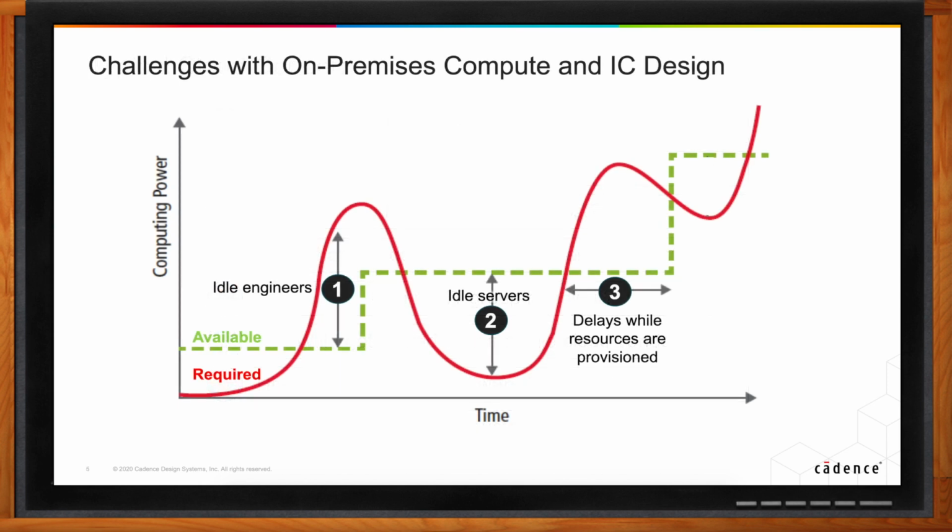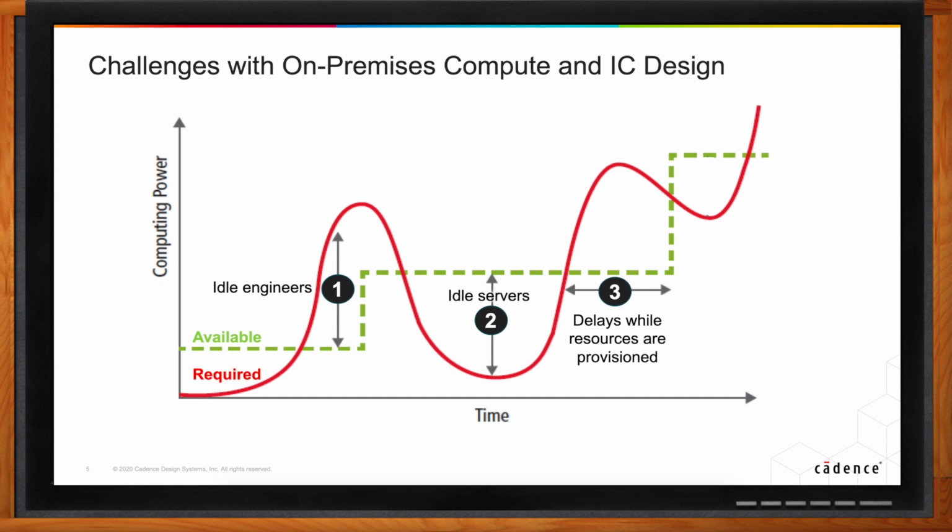A graph like this, which tries to very simplistically depict what the requirement is from a compute standpoint for doing electronic design, where the red line, this wave of up and down, represents how much compute is required at any given time during the course of a project, versus the green dotted line, which is a representation of the available on-prem capacity. And what you can see happens is that the red line doesn't match what the green line has available to it. And when that occurs, some interesting dynamics emerge.